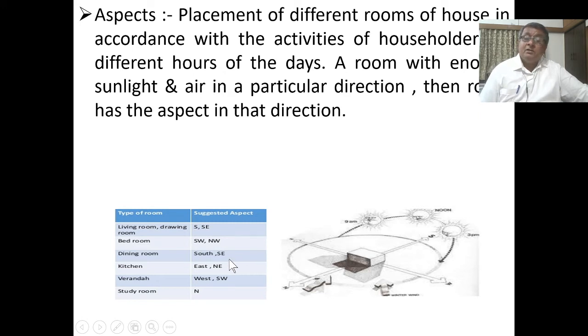Kitchen, east or northeast, as I already said. Kitchen should be on the eastern side or northeast side. Then veranda, west or southwest. Veranda is a canopy provided outside a living room.